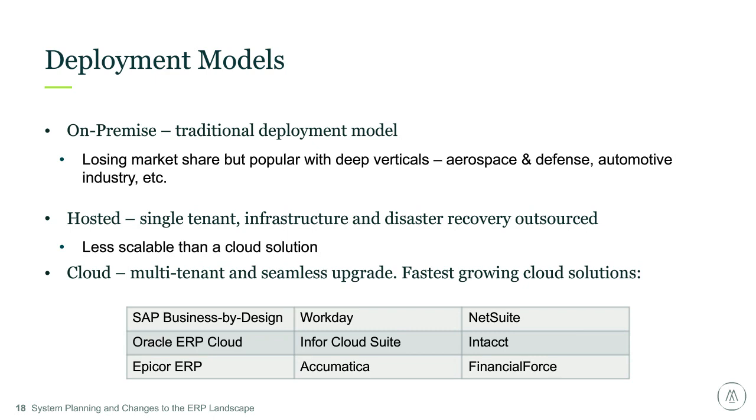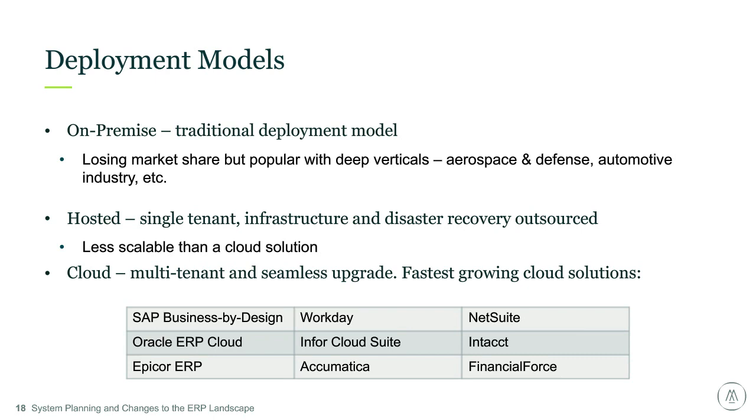Now, compare this with the deployment option which is the fastest growing, the cloud. Cloud ERP systems are multi-tenant, meaning the same version of the software and supporting infrastructure serves multiple customers.